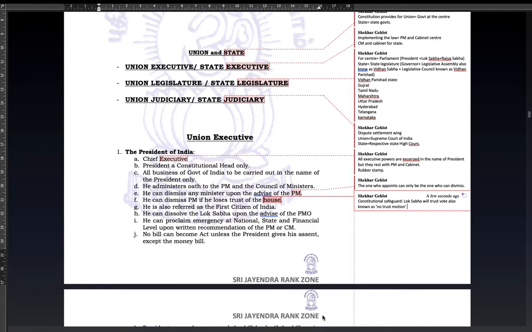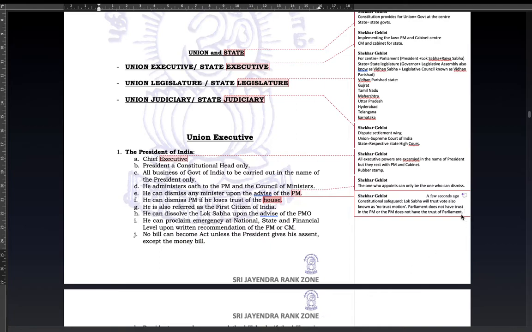So they will bring a no trust motion, that the parliament does not have trust in the PM, or the other way we can say the PM does not have the trust of parliament.